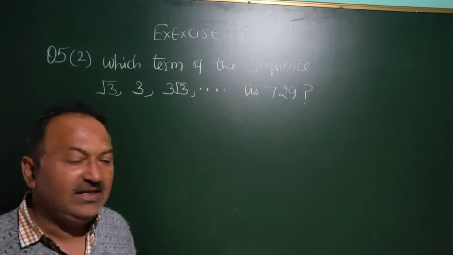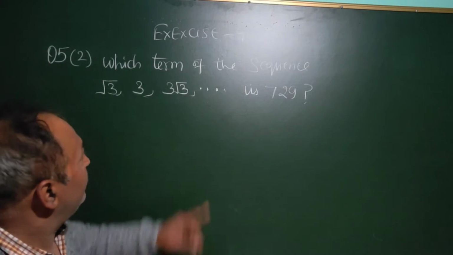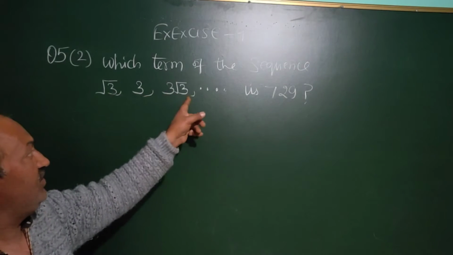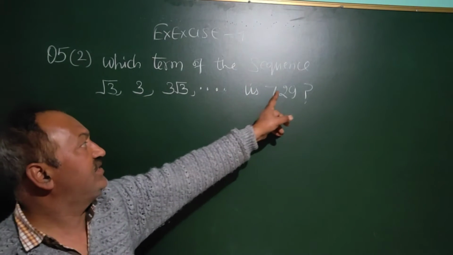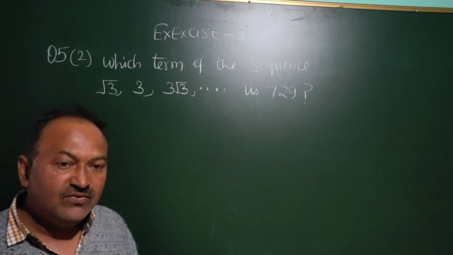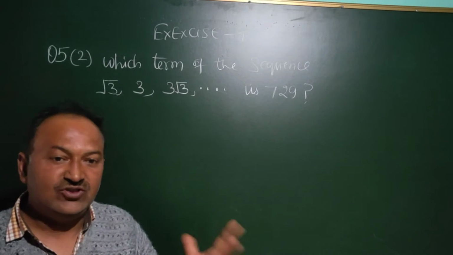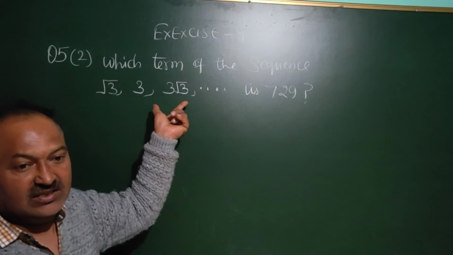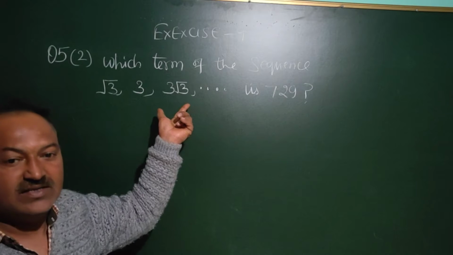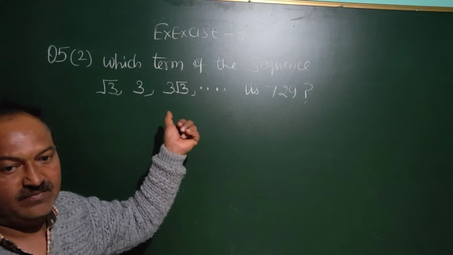Exercise 9.3, question number 5, part 2. Which term of the sequence root 3, 3, 3 root 3 and so on is 729? Therefore, first of all, we have to check which sequence this is. Is it AP or GP?